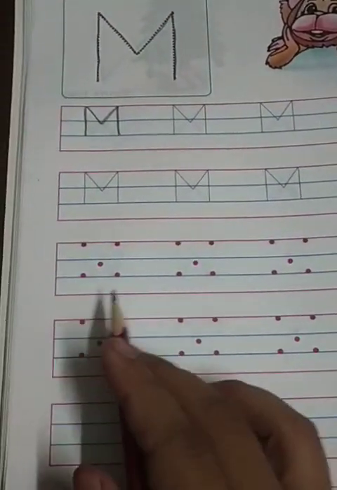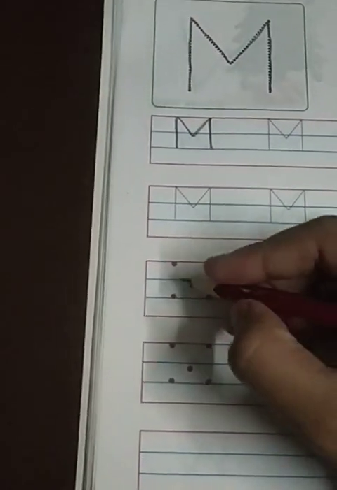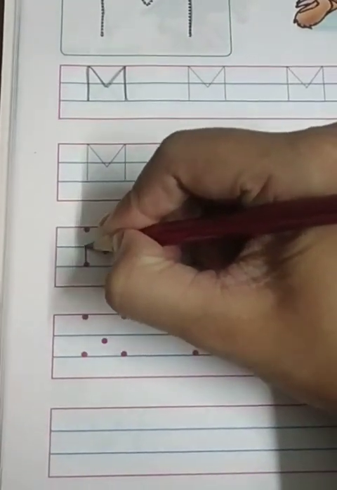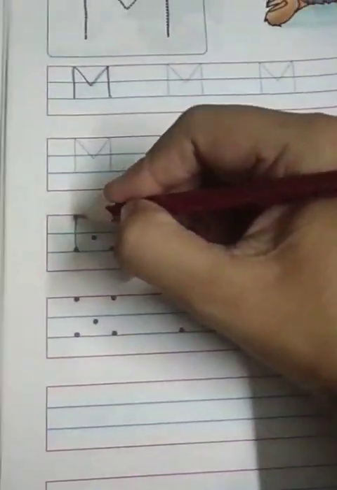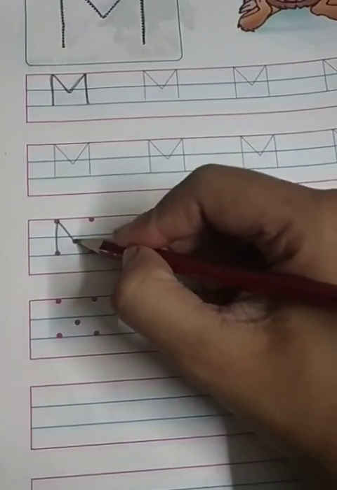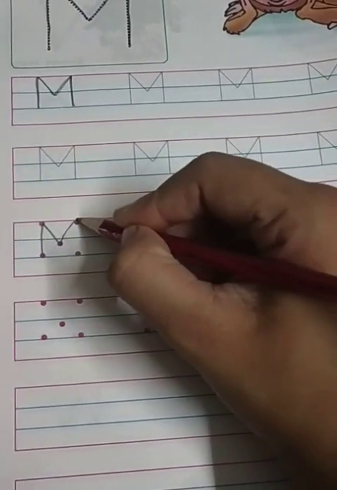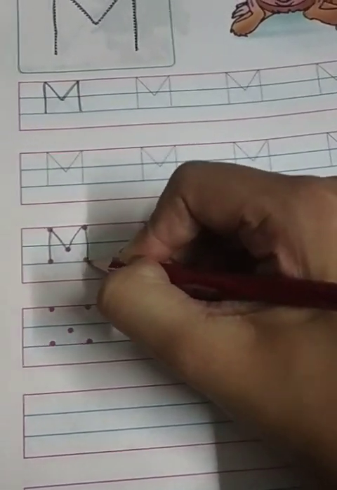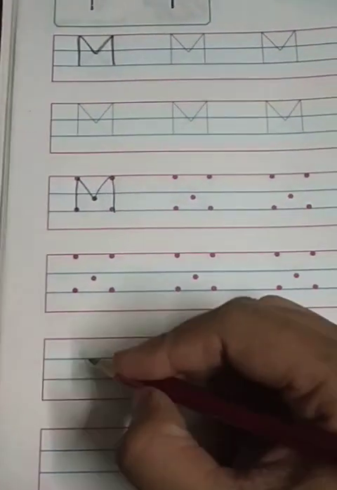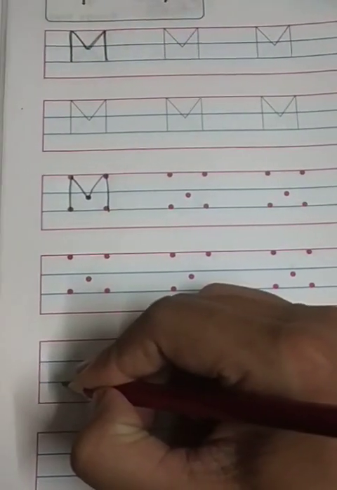Now it's time for joining the dots. So firstly start from the bottom, go to top, then coming back to this dot, again go to top with slanting line and then coming back to bottom. This way you can join the dots to make letter M. At last you have to write.